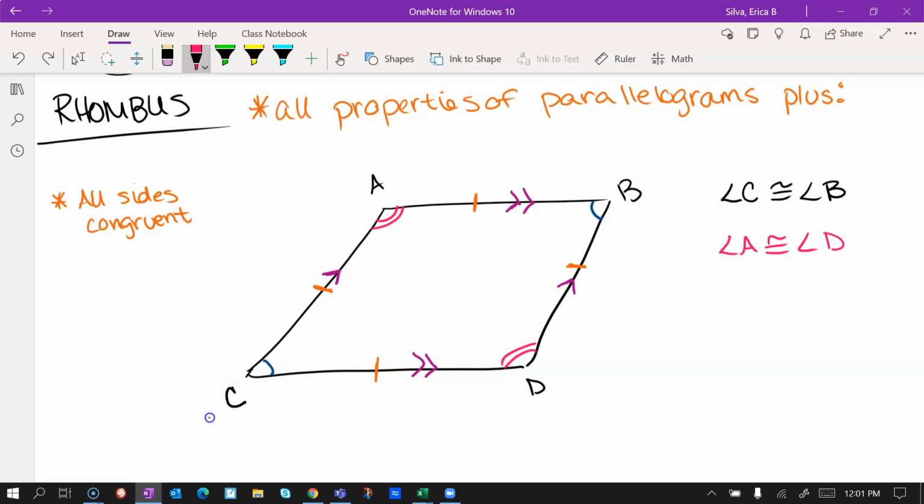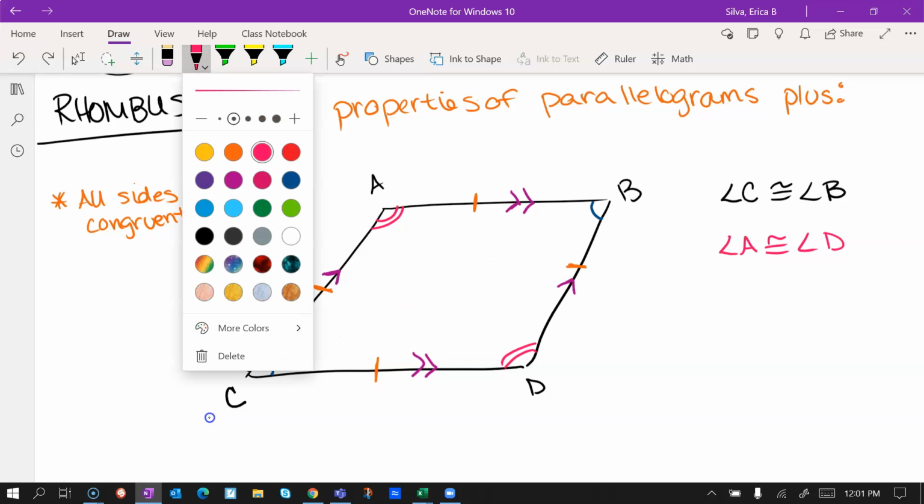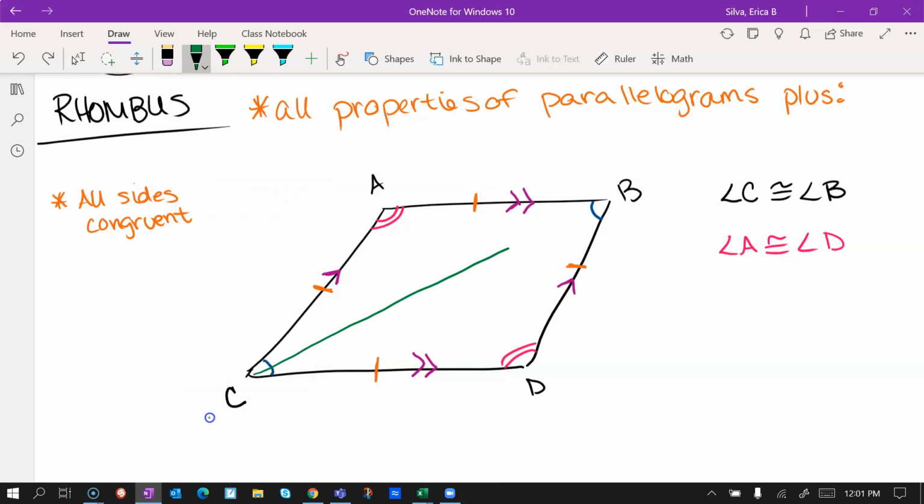All right, and just like a square, if we were to draw our diagonals, they bisect each other, which means that this side is congruent to this side, and this one is congruent to this one.